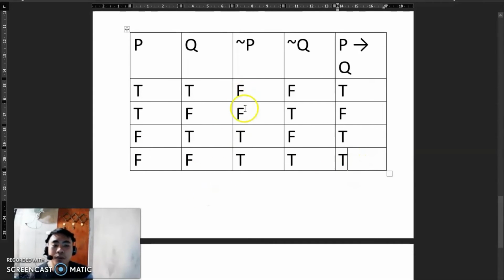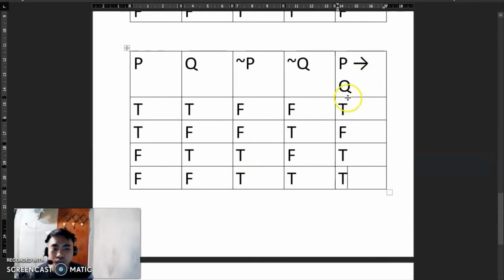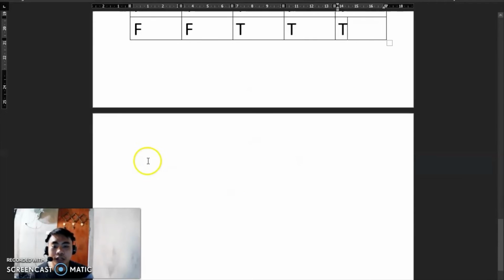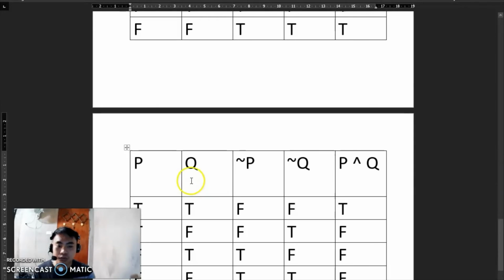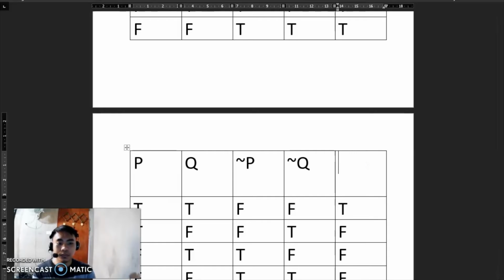Sir, paano naman po kung ang nauna po ay Q? Okay, try po natin kung ang nauna ay Q. Q naman po, tapos arrow, tapos letter P. Ano po yung magiging element?